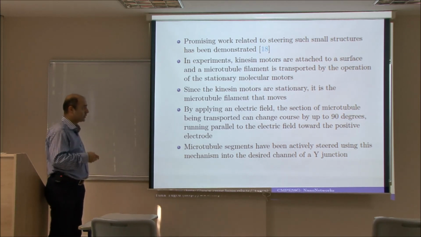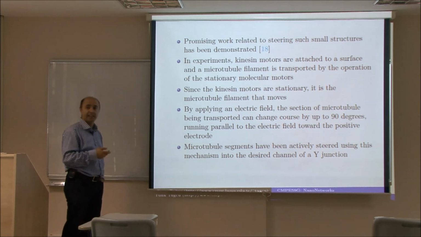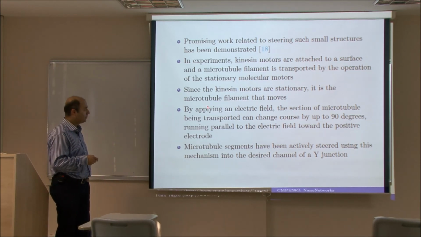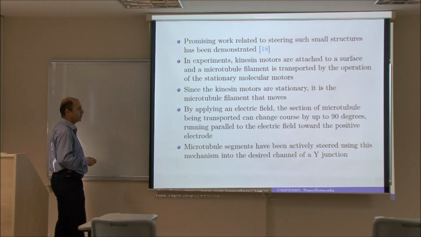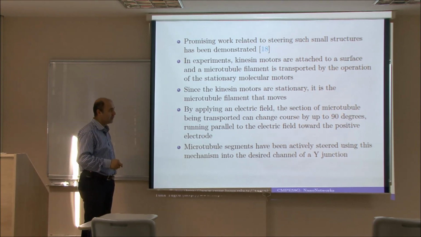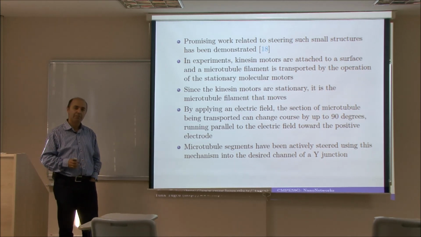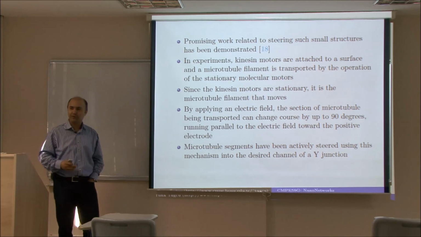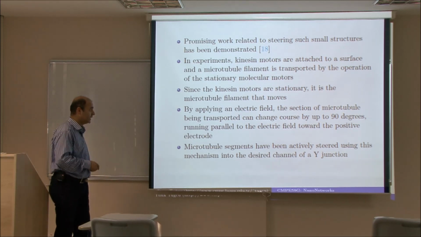So you can make it take a right or left turn, running parallel to the electric field towards the positive electrode. And the microtubule segments have been actively steered using this mechanism into the desired channel of a Y junction. You have a Y junction. You can decide whether the filament will take a left or right turn at that Y junction.